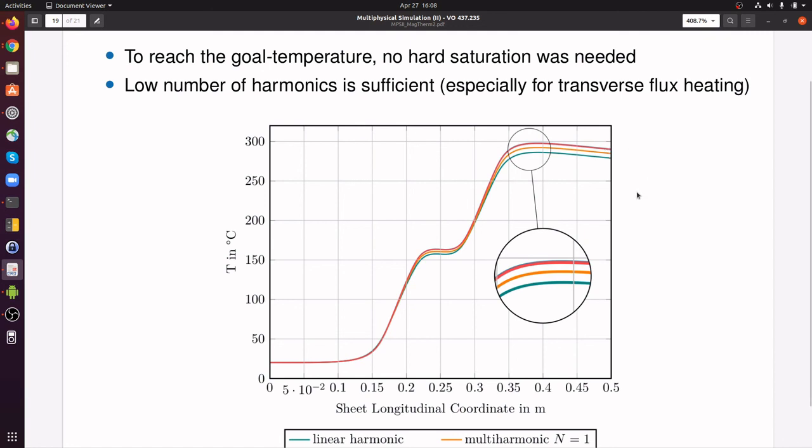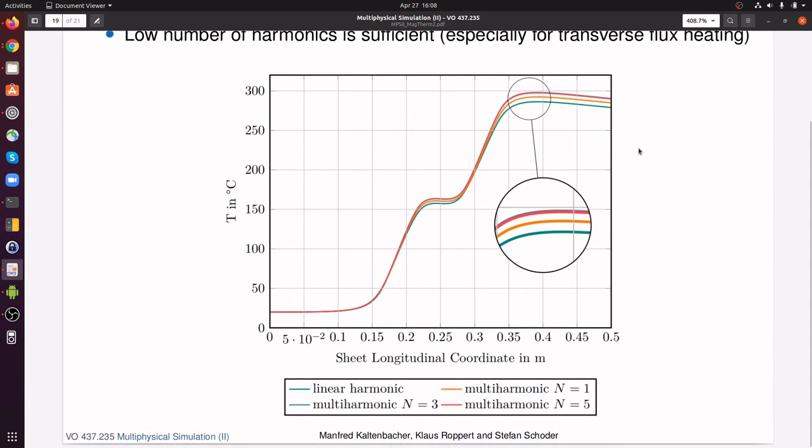And here I've compared the solutions for three different numbers of considered harmonics, so 1, 3, and 5, and also the linear harmonic simulation, where you simply take the initial gradient of the BH curve as your material value.